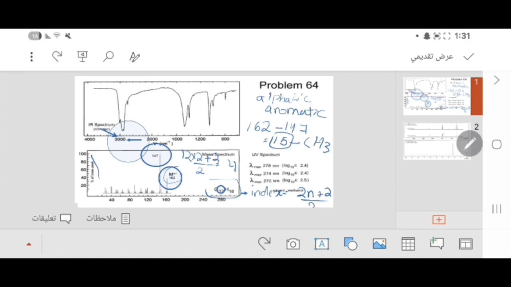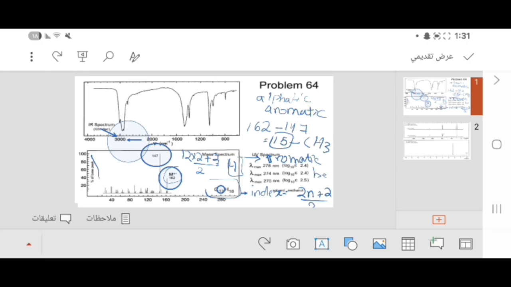When it comes to the index, there are numbers that indicate what type of double bond we have. For example, if you have 4, this indicates that we definitely have an aromatic compound, which is a benzene, but lower than 4 we have a double bond, which is, for example, carbonyl or OH, and so on and so forth.